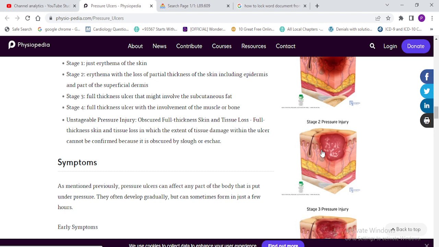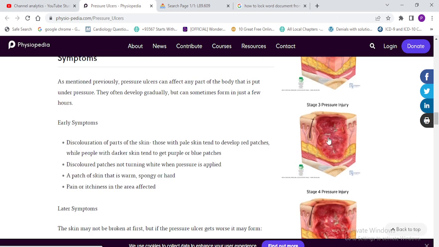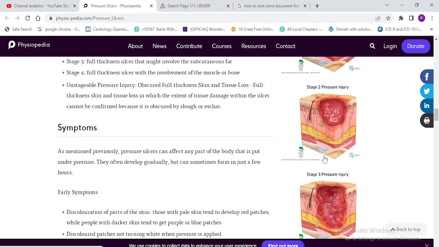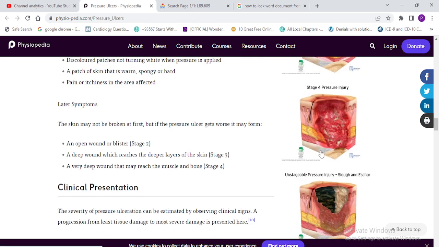If you take stage 3, full thickness ulcer, that might involve the subcutaneous fat. See here, it is full thickness. It may include subcutaneous fat. Stage 4, full thickness ulcer with the involvement of the muscle or bone. So bone is the lowest level. So here the pressure ulcer goes down to the bone level.